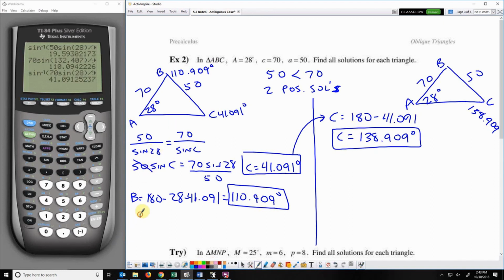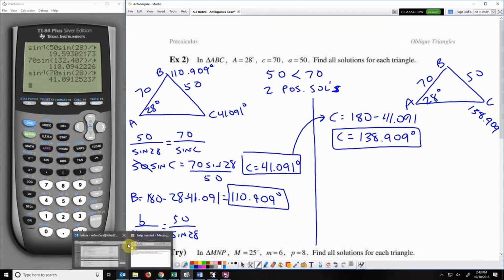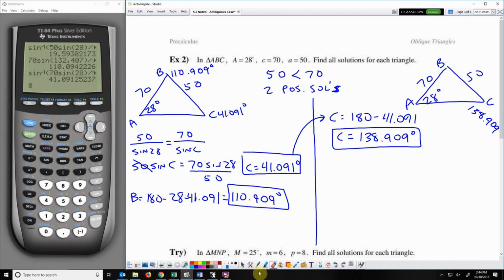Then for side B, B over sine 110.909 equals 50 over sine 28. Okay, so this should actually say sine, so let me erase that and start that over. So I need to multiply this sine 110.909 across.